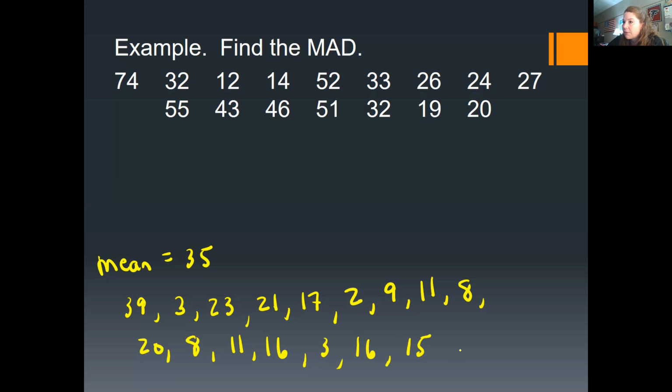Now we're going to find the mean of our differences. 2 plus 9, 11, plus 8 plus 20. Are you guys doing this with me, or are you just watching me work?